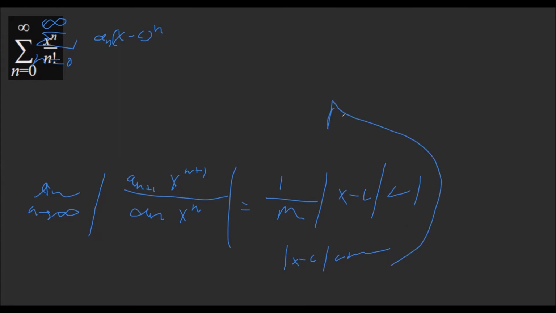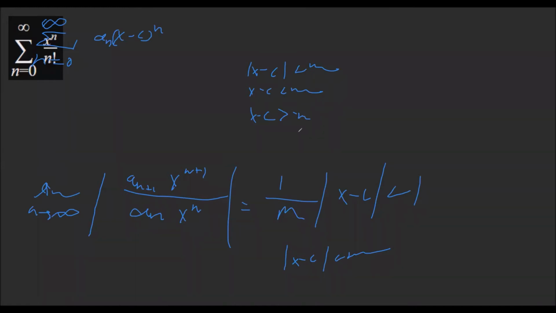Let me draw that up here. If the absolute value of x minus c is less than m, then not only is x minus c less than m, but x minus c is greater than negative m. Now from here we can find the true interval of convergence.